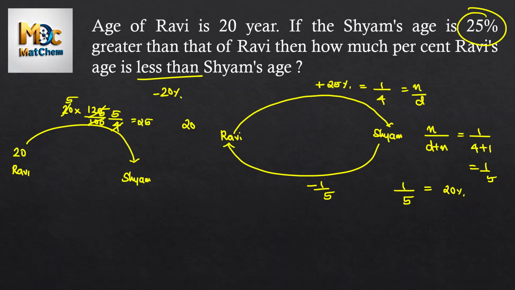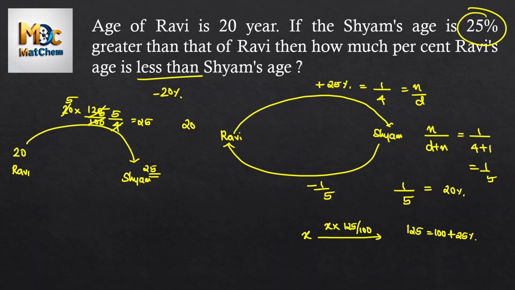So Shyam's age is 25. We got Ravi's age as 20 and Shyam's age as 25. How do you get that? If x is increased by 25%, it is x into 125 divided by 100. How did 125 come? It came from the actual percentage 100 plus the increase of 25%.